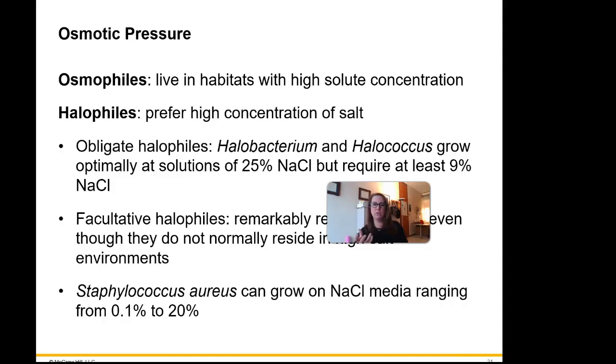We are selecting for those organisms, in this case bacteria on our skin, like Staphylococcus aureus, because of that higher than normal concentration of salt. It's inhibiting other bacteria that would not be able to tolerate that. So that's just an application of how we're going to use this information.